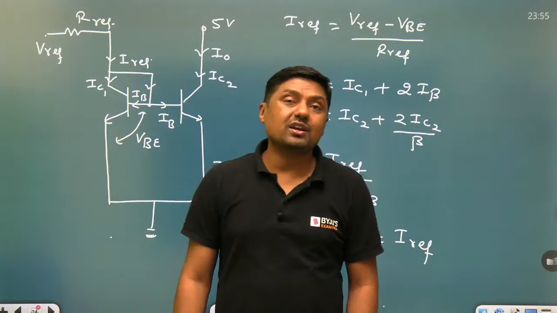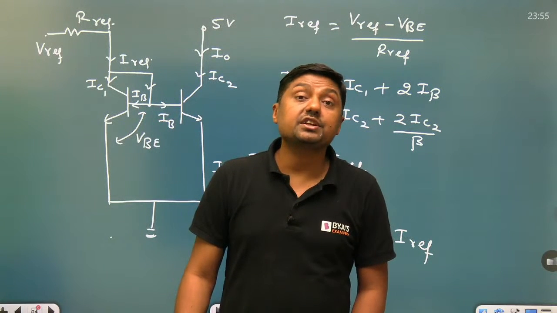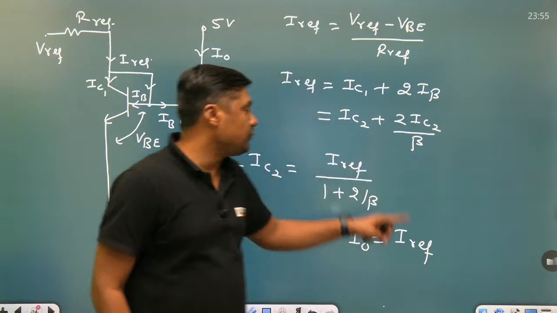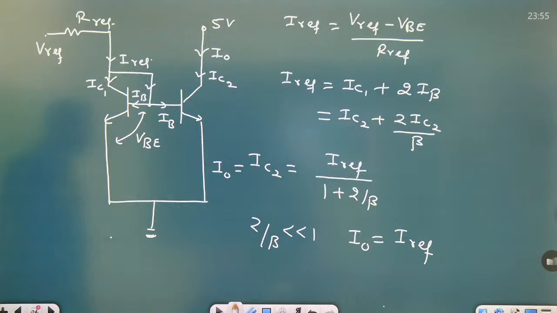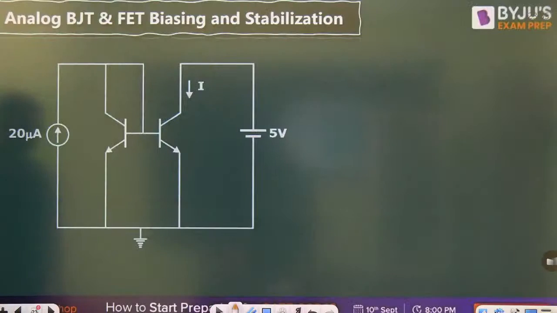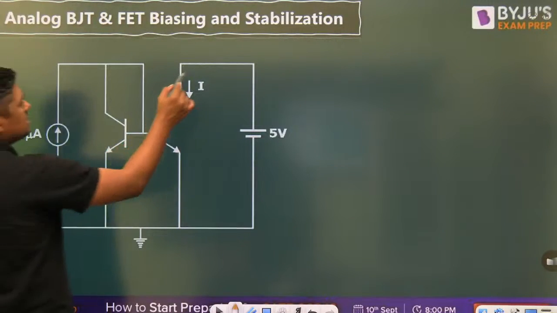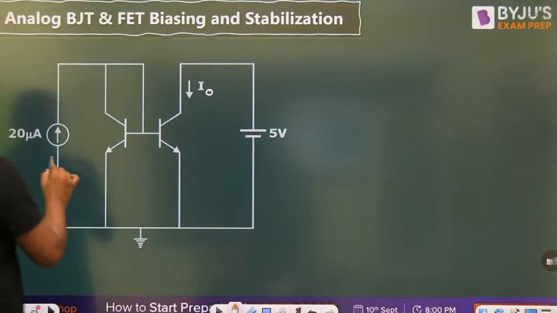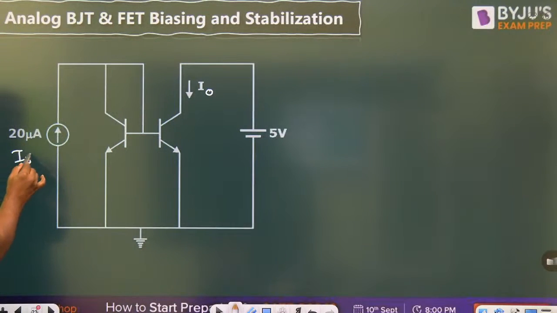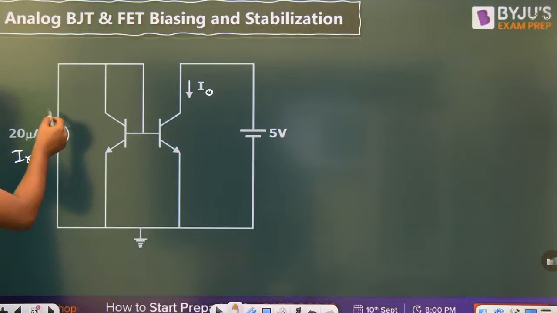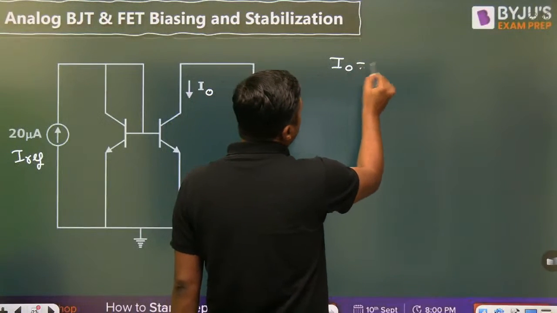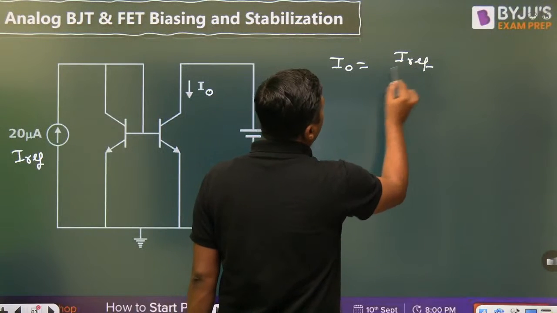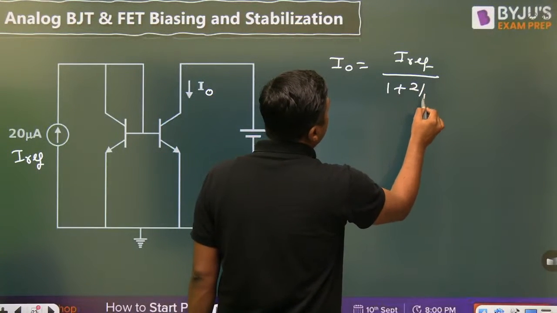But in this question, beta is not very large. It is 30. If it is 30, you have to use the exact formula. In this diagram, this is the I naught and this is nothing but I reference. I reference is directly given as 20 microampere. According to the concept of current mirror, I0 is I reference divided by 1 plus 2 by beta.